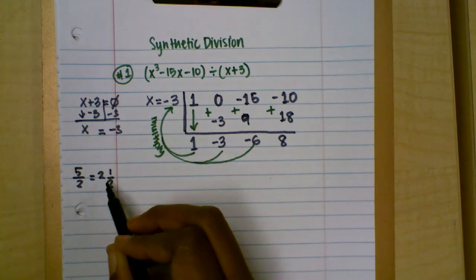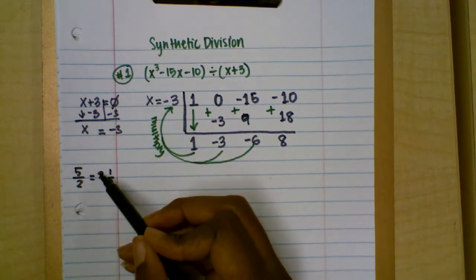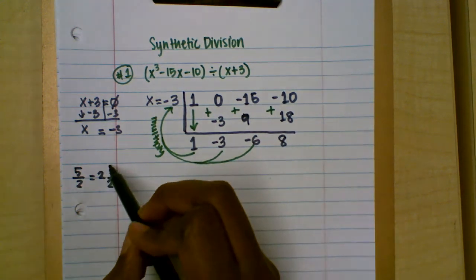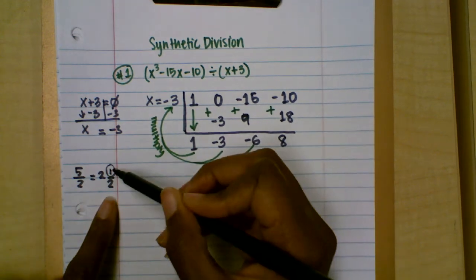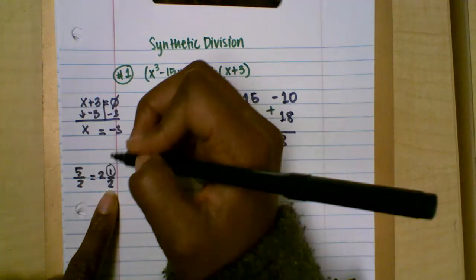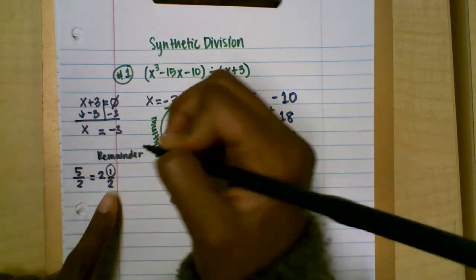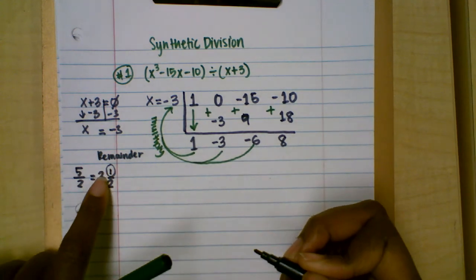Remember, 2 times 2 is 4, and you add 1, you get 5, so it's 5 over 2. The number on top represents the leftover, so 1 represents the remainder. And 2 represents the denominator, which stays the same. And 2 is the quotient.